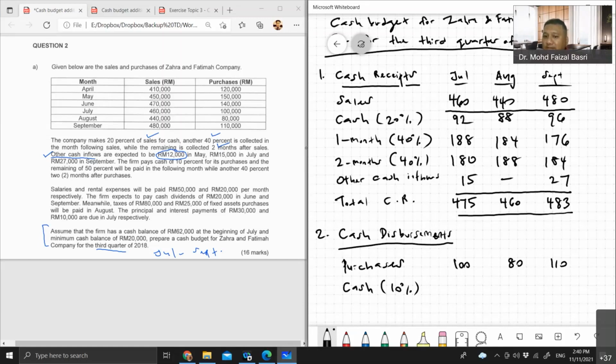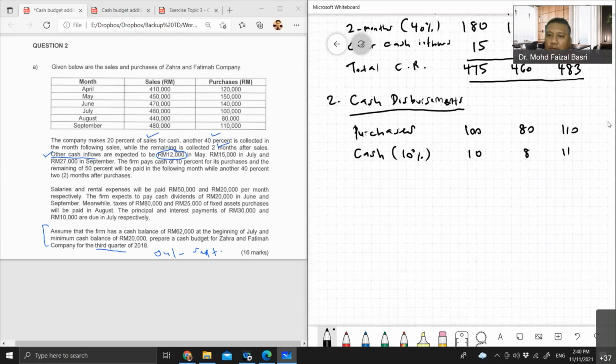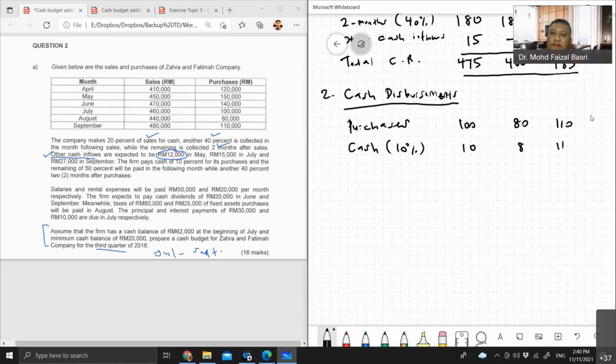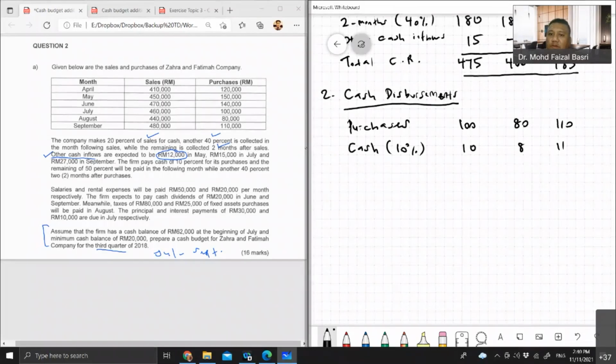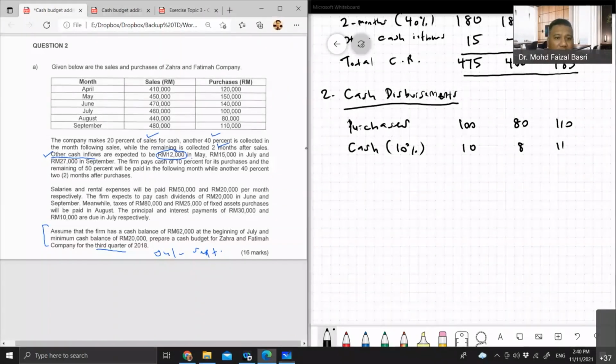So 10% of 100,000 is 10,000, 10% of 80,000 is 8,000, and 10% of 110,000 is 11,000. Very straightforward. When we talk about cash, we just do respective months.